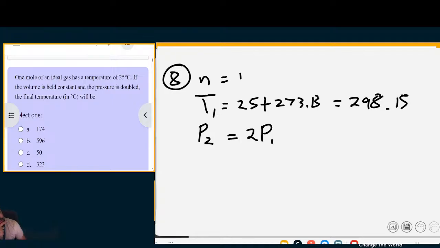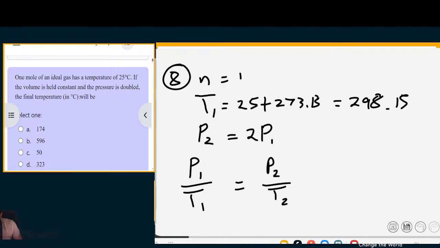If the volume is held constant and the pressure is doubled, the final temperature will be, in degrees Celsius of course, what? We use Gay-Lussac's law. P1 over T1 is equal to P2 over T2.